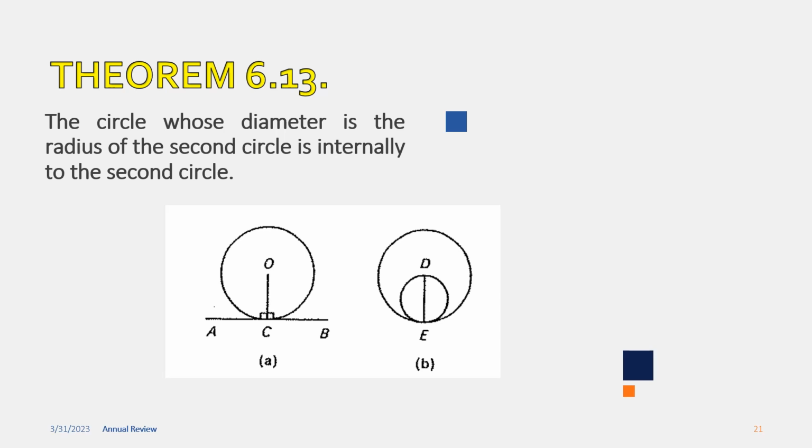Suppose in this illustration, DE is the image of OC. Okay, this is the image of this radius, whereas the circle with diameter BE is the image of AB.